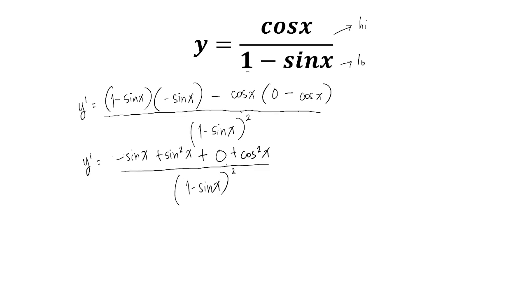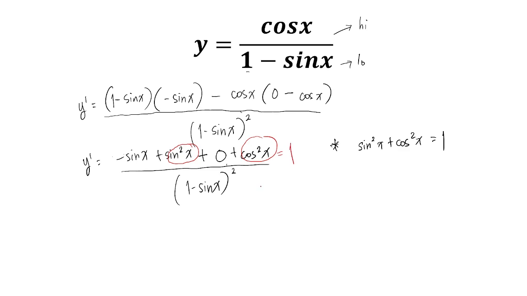And then notice that sine squared x plus cosine squared x is equal to 1. That is a trigonometric identity, Pythagorean trigonometric identity.